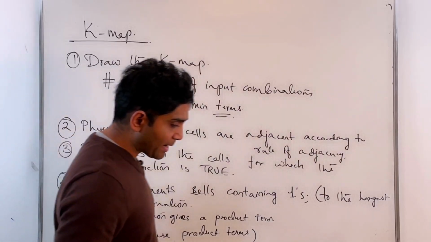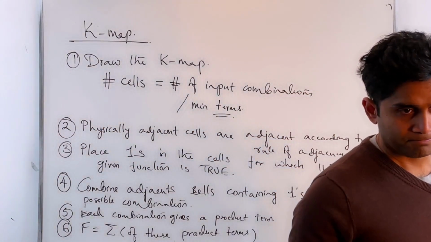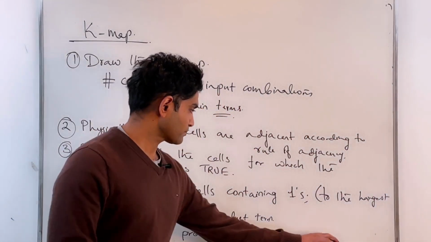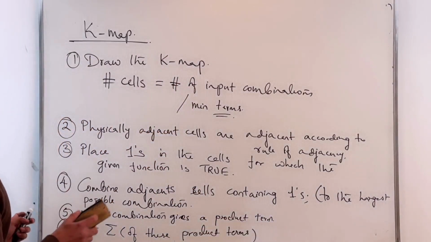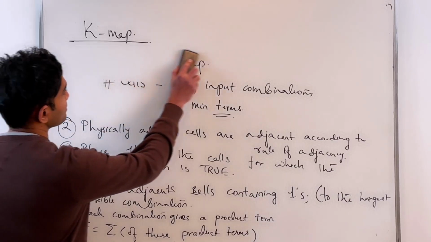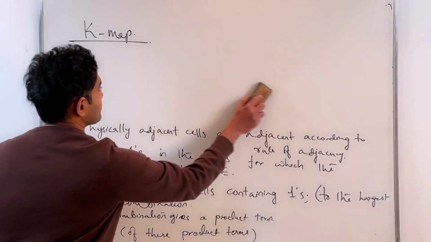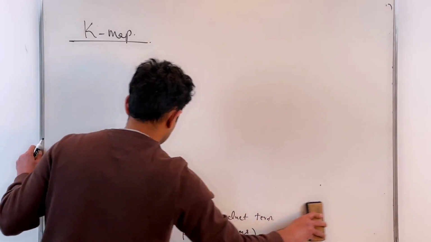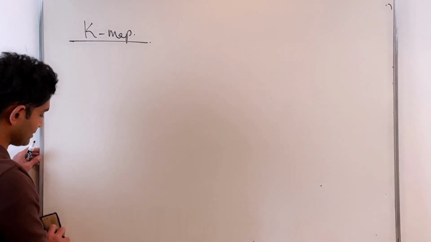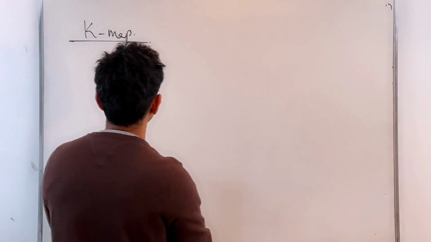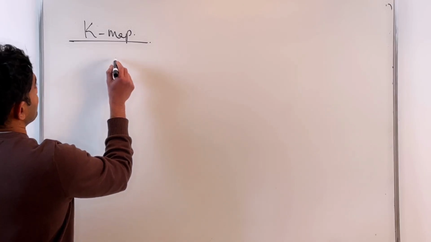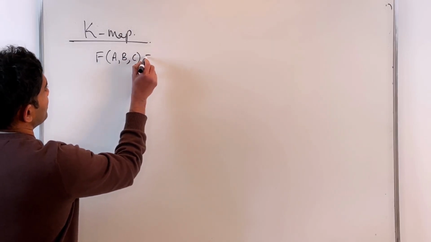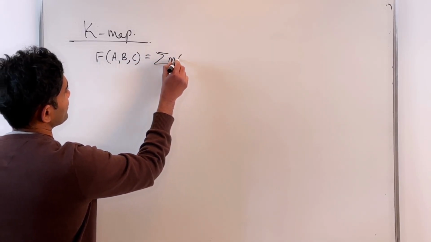Okay, so now let's get back to the original problem and let's see if you are getting the right answer. The original problem was again 3 inputs. That means I have 8 minterms. My function f I can express as sigma m.